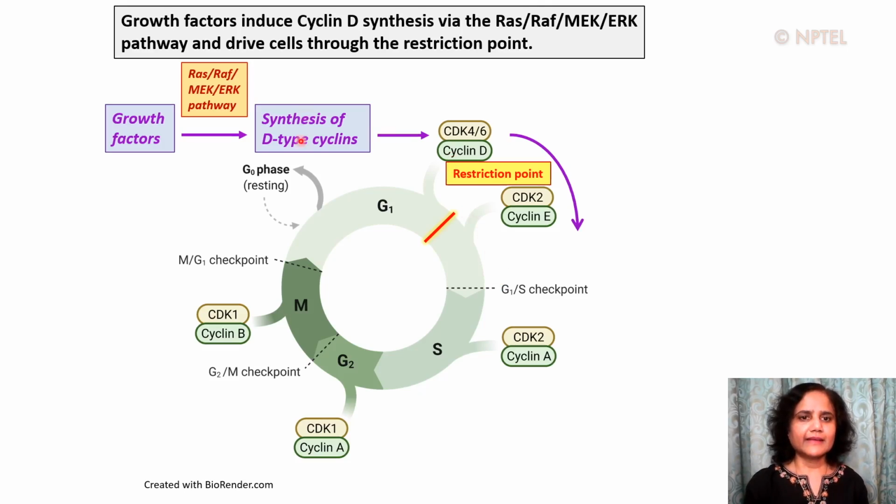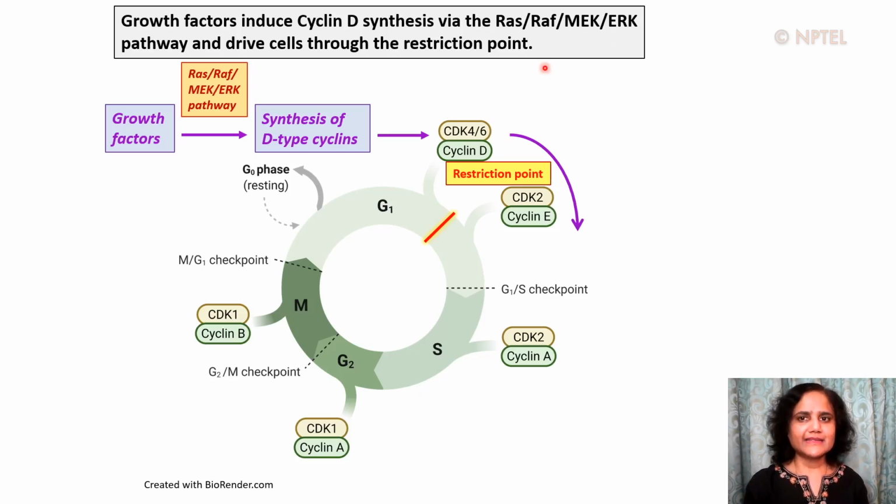Cyclin D synthesis is induced in response to growth factor stimulation, and this happens in part by signaling through the RAS-RAF-MEK-ERK pathway.